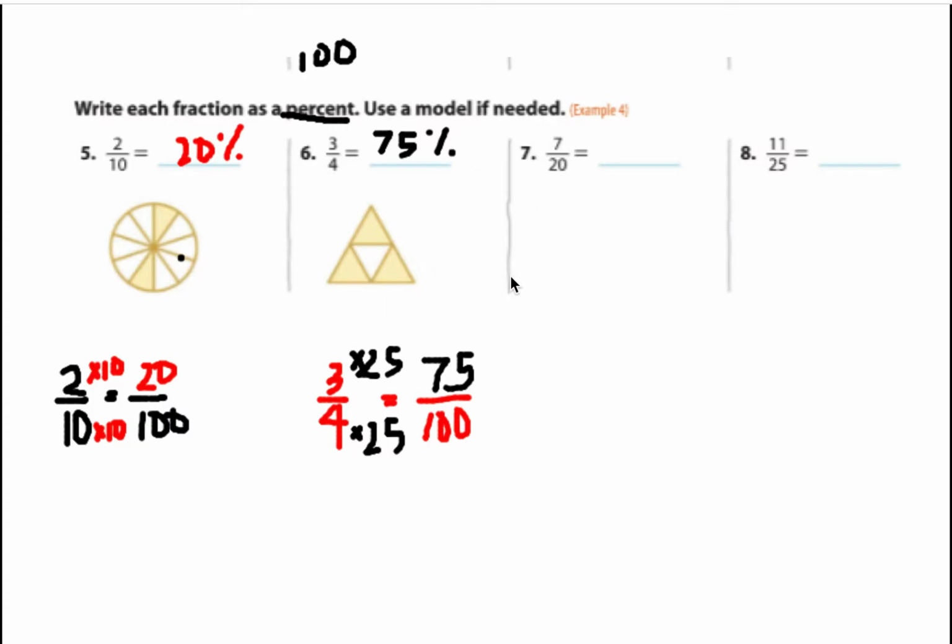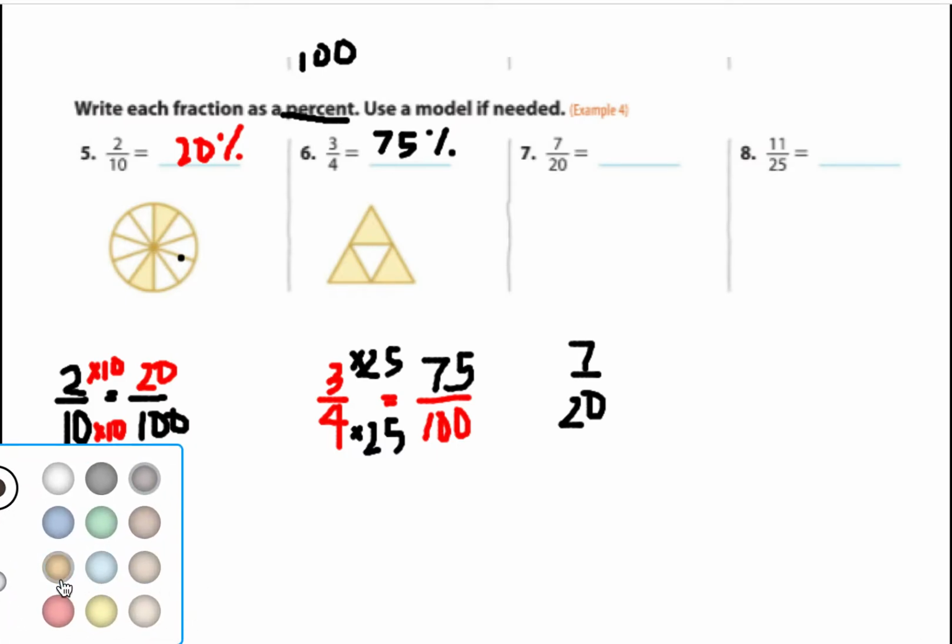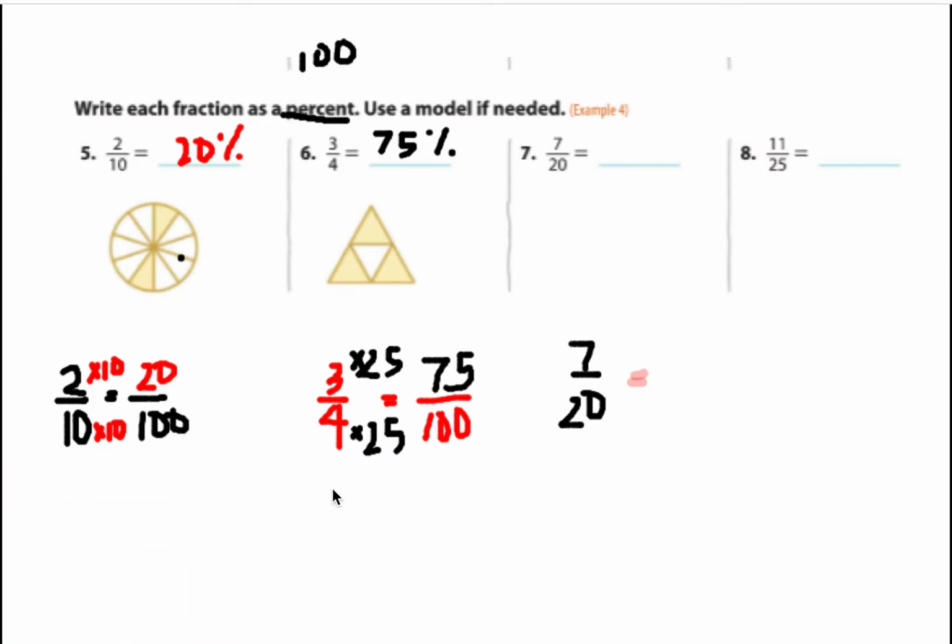75%. Here's another question. It's 7/20. Again, you're trying to see, can I get 100? Because if I can get 100 on my denominator, then all I do is multiply that factor that got me 100 to my numerator.